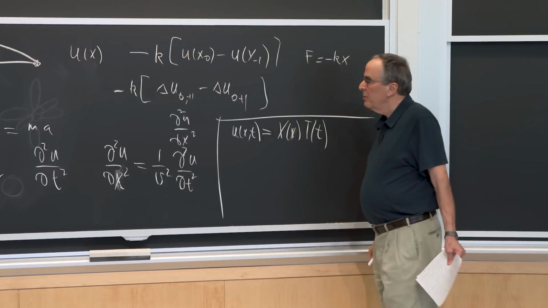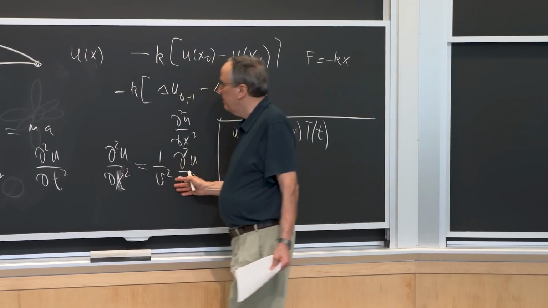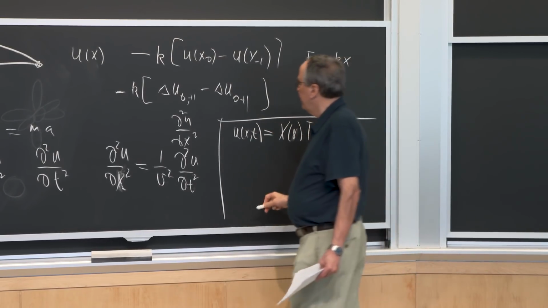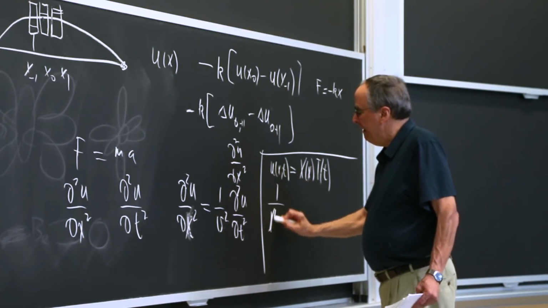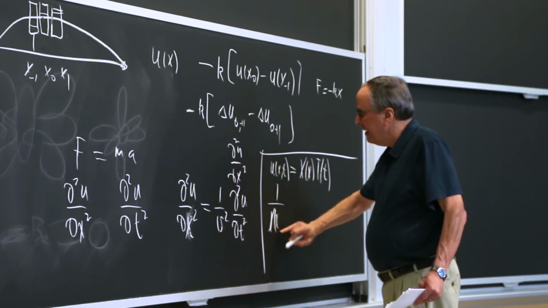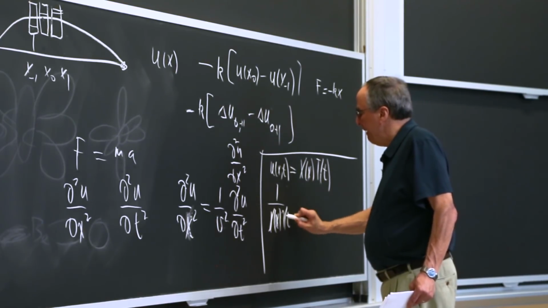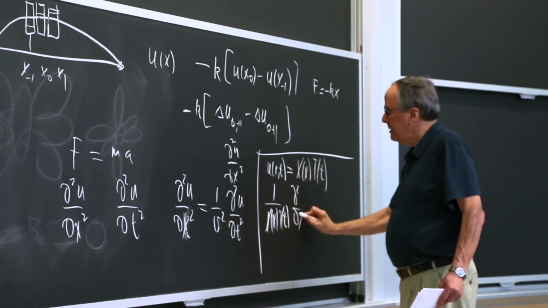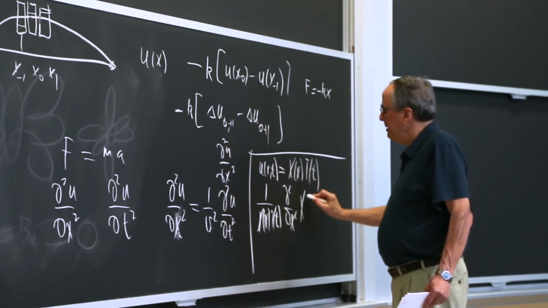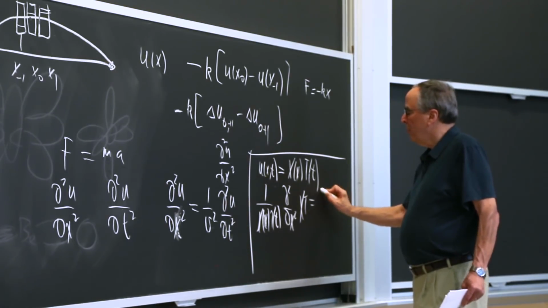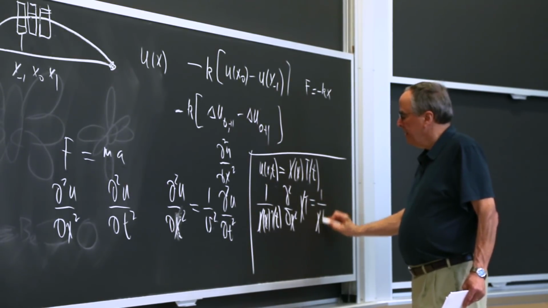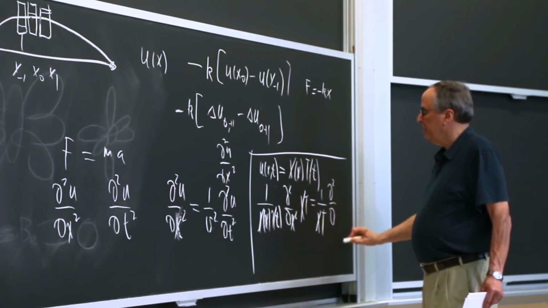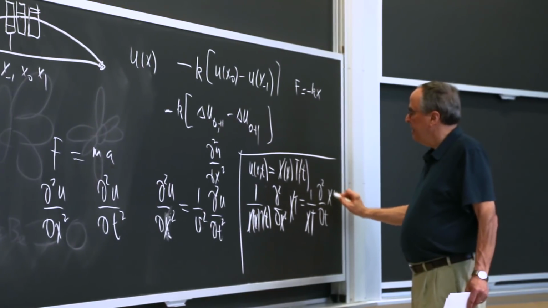Okay, so what we do then is take this differential equation, substitute this in, and divide on the left. So we have 1 over X(x)T(t) times the second derivative with respect to x of XT is equal to 1 over XT times the second derivative with respect to t of XT.